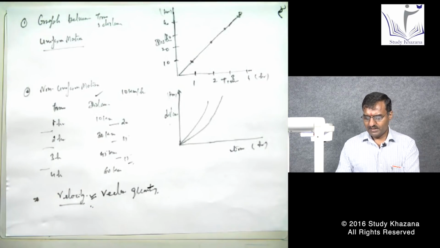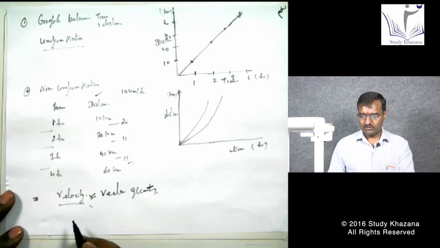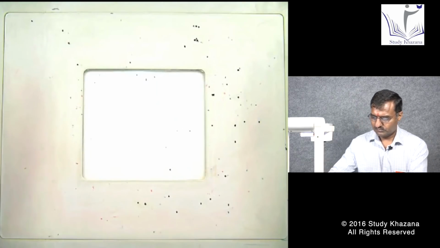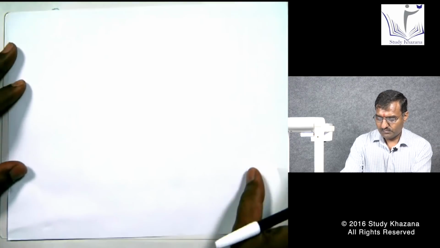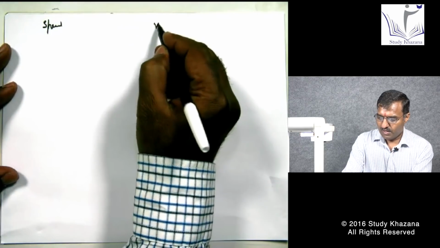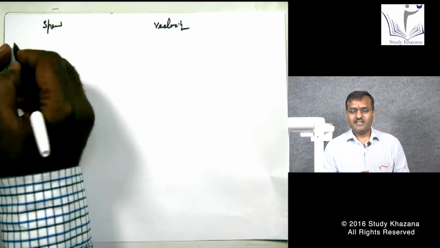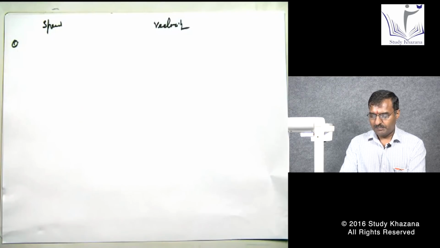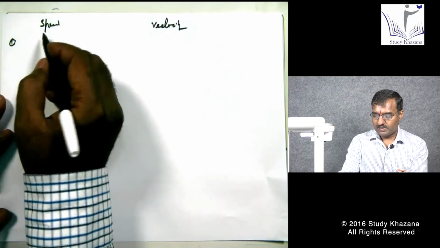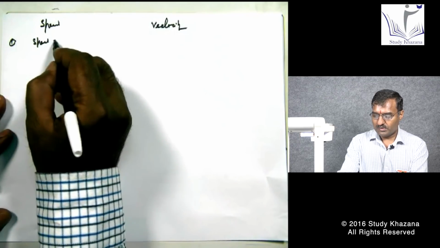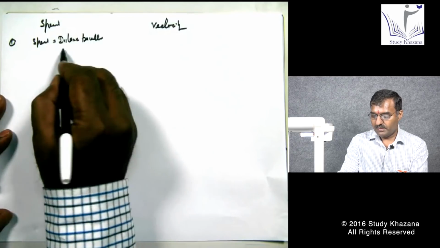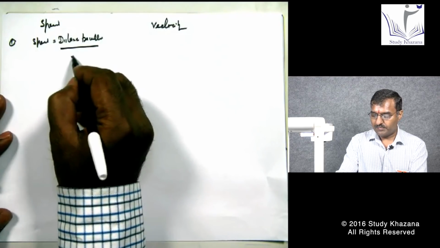So let us see what is the difference between speed and velocity. How do we define speed? It is the distance traveled per unit time. So I can write speed is distance traveled divided by the time taken.